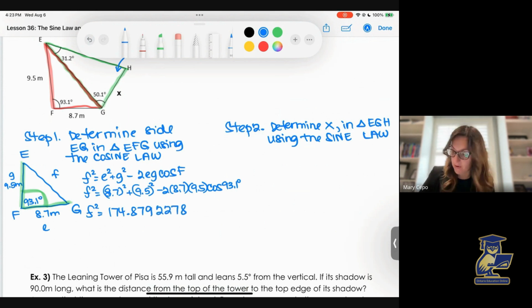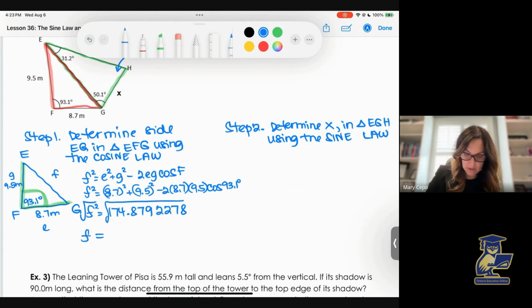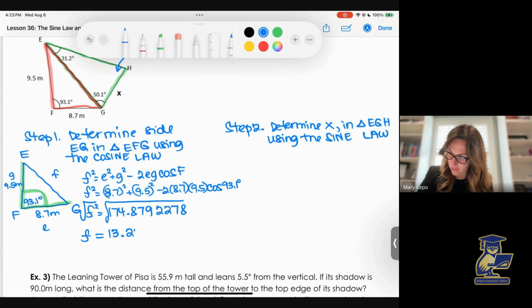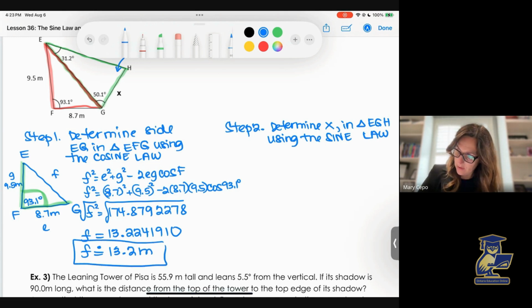We do need f by itself, so we're going to take the square root of both sides. F is equal to 13.2241910. And because we're rounding to the nearest tenth, F is equal to about 13.2, and our units are meters. Okay, so this is 13.2 meters.